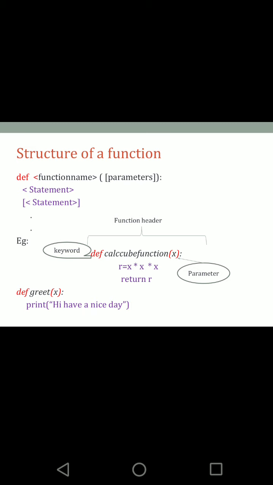See the example: def calcube(x), and you have two statements below that. The first line which starts with def is known as the function header, which contains the def keyword, the function name, the parameters, and it ends with a colon.